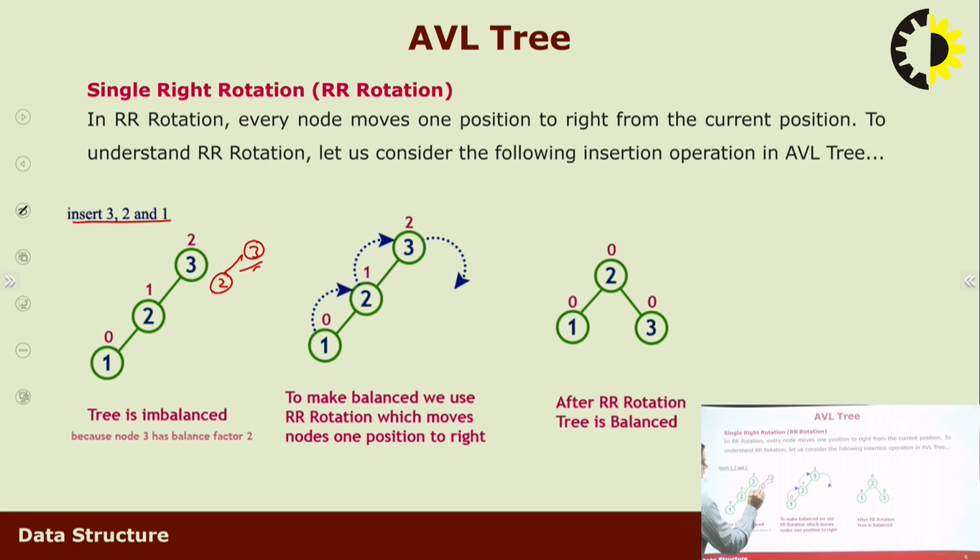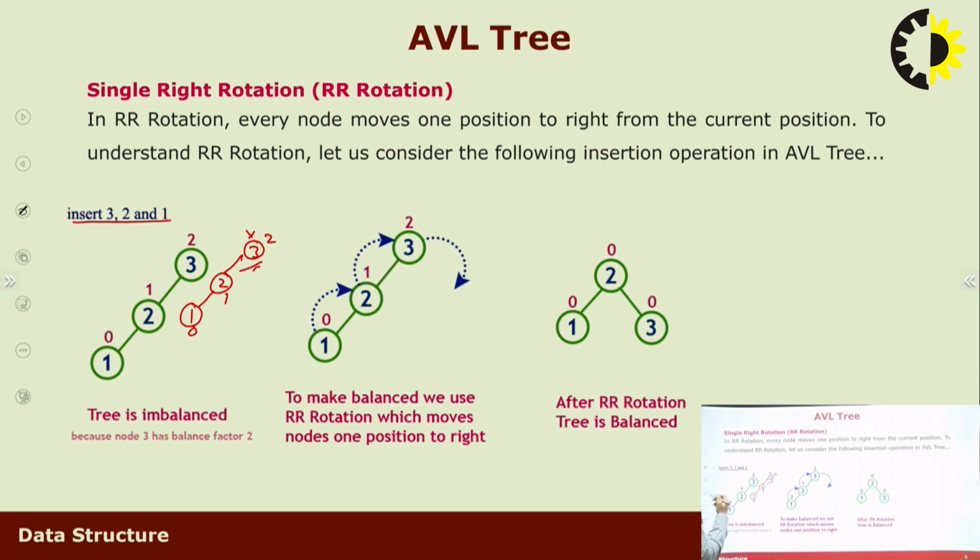But if we insert value 1, 3 will become unbalanced at node number 3. Why we are calling so? The height of left subtree is 2 and height of right subtree is 0. 2 minus 0, that is 2. This is 0, this is 1. That means tree is unbalanced at node number 3.